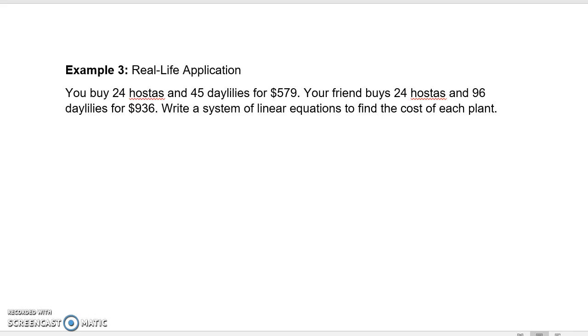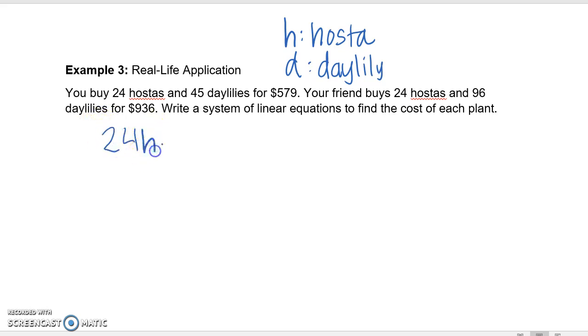So I'm going to say, and I'm going to save myself some room by putting it up here, that H is a hosta and D is a daylily. Now my first equation is 24 hostas plus 45 daylilies for $579.